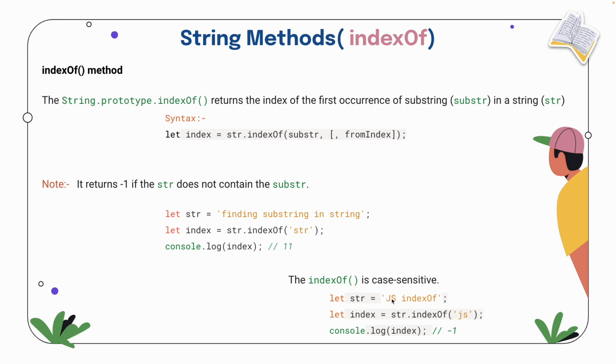JS is there but not in small letters, so that time it will give -1, saying it cannot be found. But if you write capital JS here, then it will be found. So it is called case sensitive. If we change lowercase into uppercase or uppercase into lowercase, it fails. Let's suppose our main string is in capital letters and you're searching using small letters, that time also it will fail. That's why we call it case sensitive.